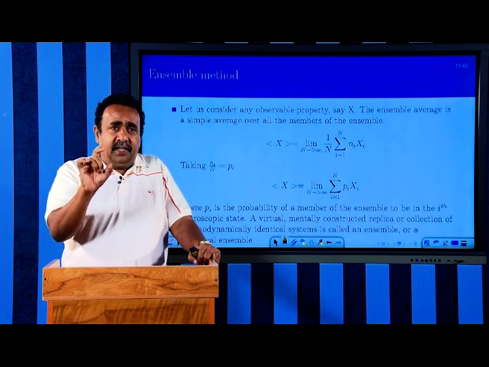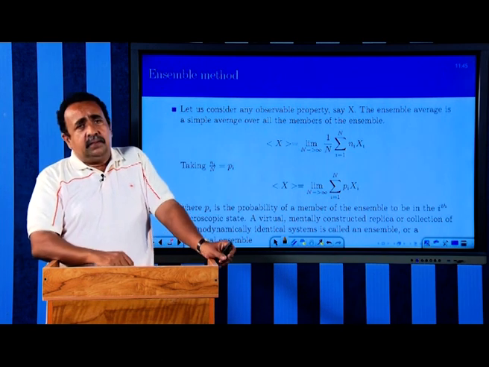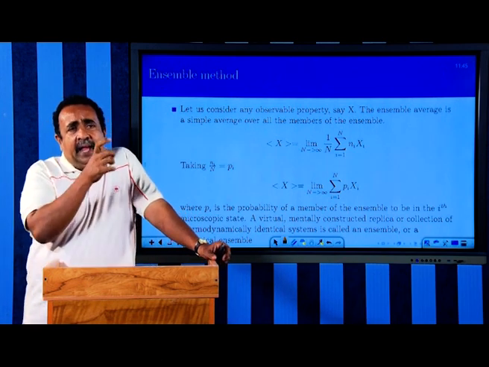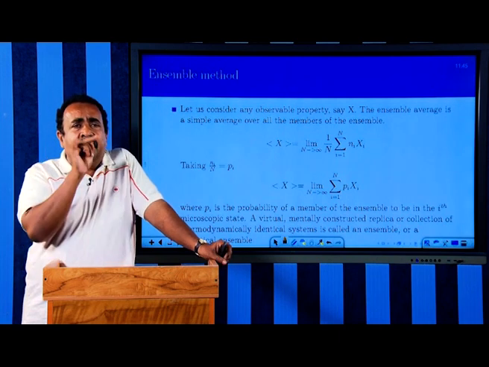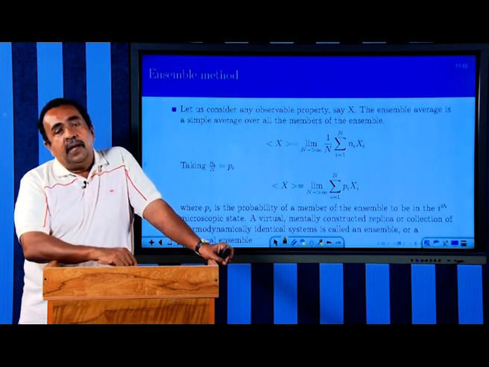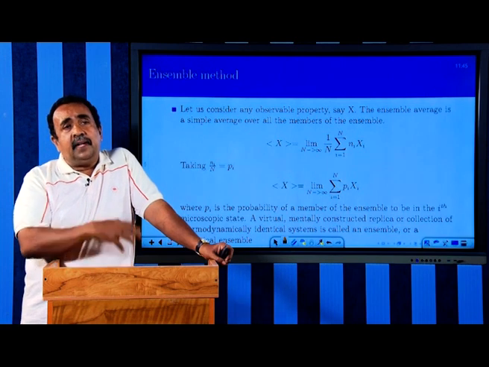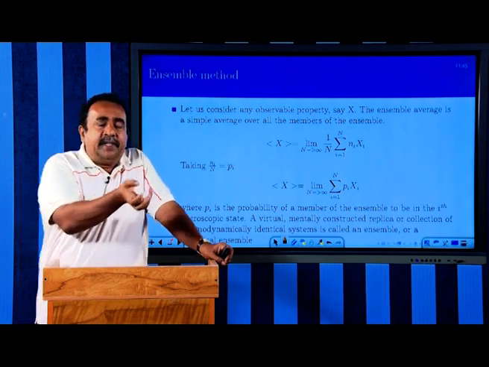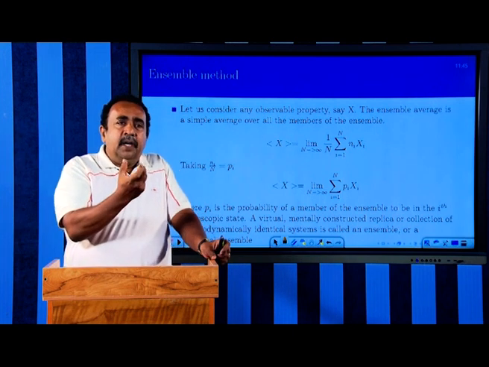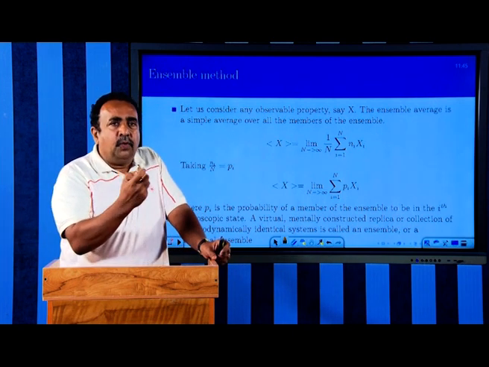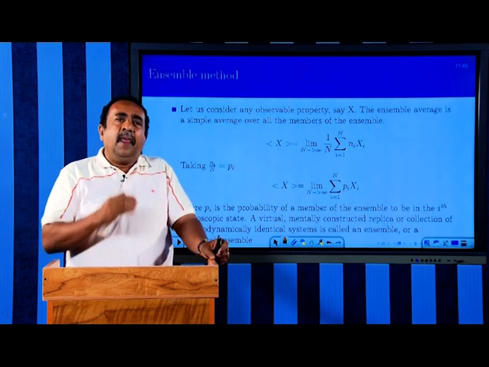Therefore, the equation now becomes sum over i equal to 1 to n, ni by n, xi. xi is the instantaneous value of the property that you have to find, and the average x, the bracketed x, is the average value of that property. What is ni by n? For example, if I throw a dice, the probability of getting 2 out of the 6 sides is 1 by 6.